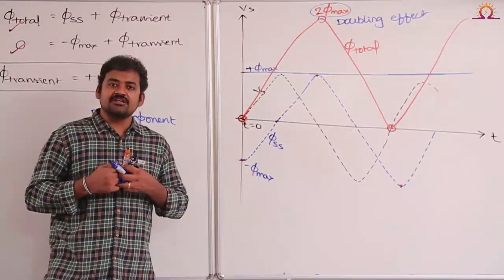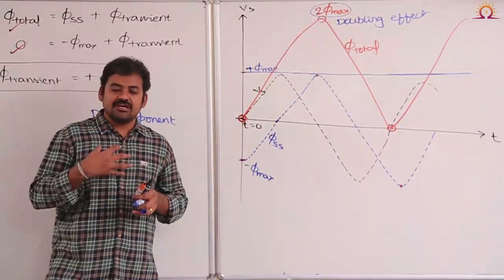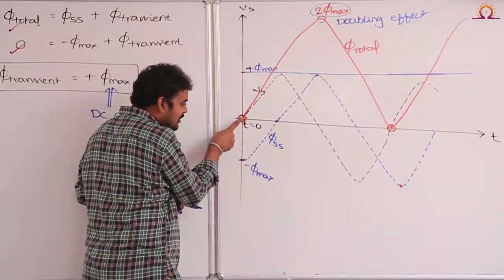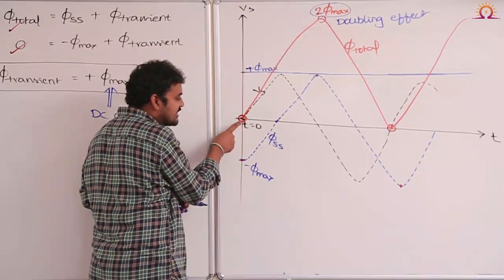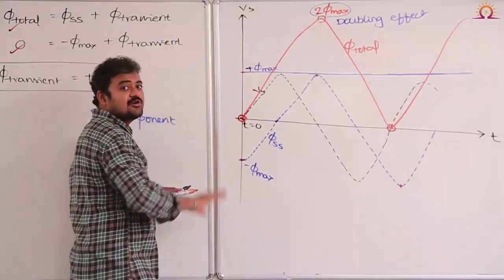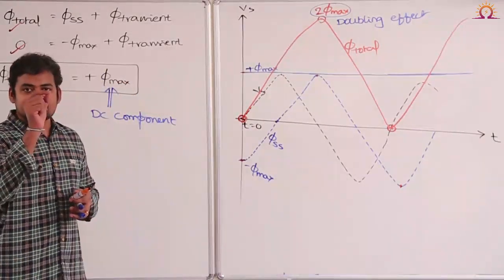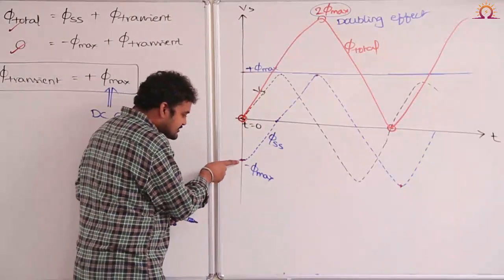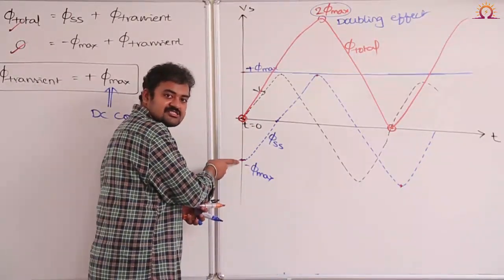Now, will you tell me one thing? This is all the discussion we are considering when you switch on the transformer at a time instant where the supply voltage is crossing its 0 value. Yes, supply voltage is crossing 0 value. That's why steady state flux is minus maximum.